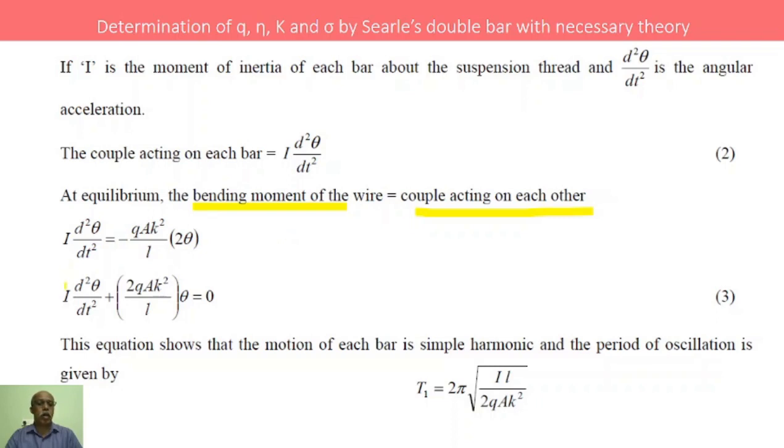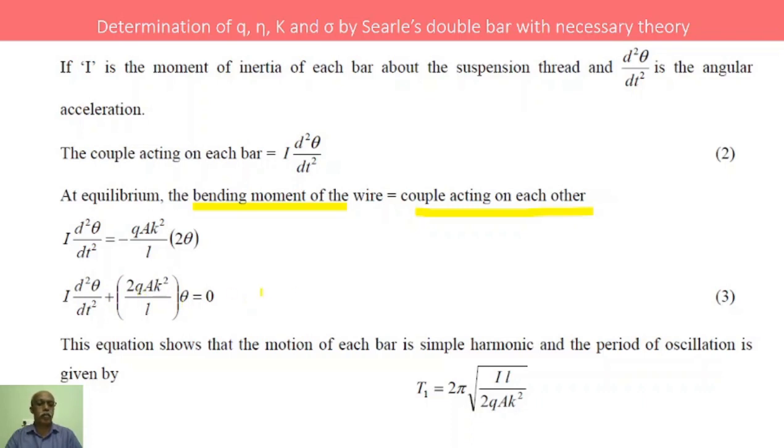This can be rewritten as d square theta by dt square plus 2 Q A K square by I L into theta equals 0, which is of the form d square x by dt square plus omega square x equals 0, the expression for simple harmonic motion.